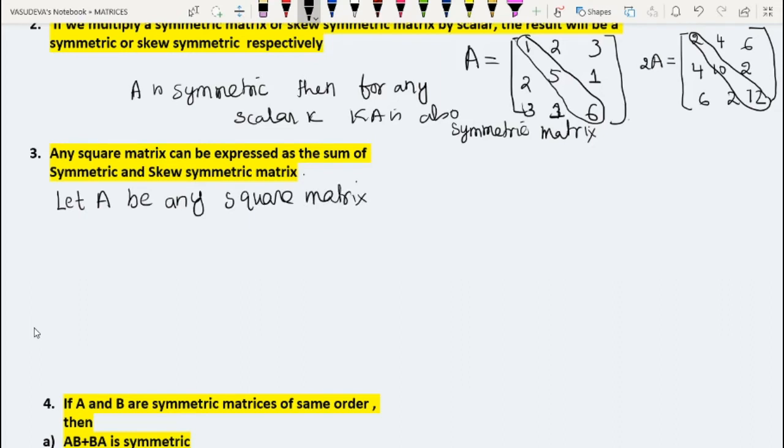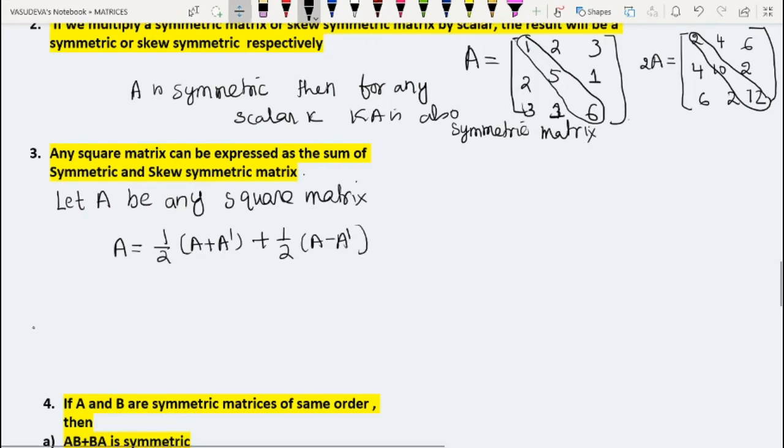We can write this square matrix as A equals half into (A plus A dash) plus half into (A minus A dash).